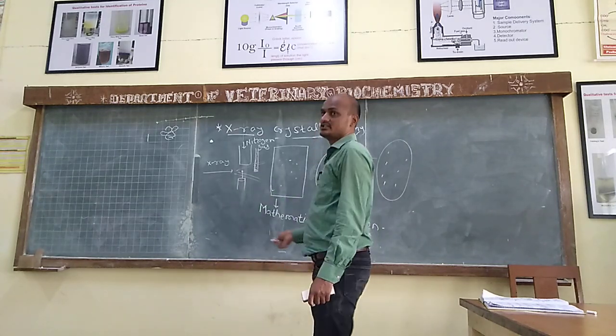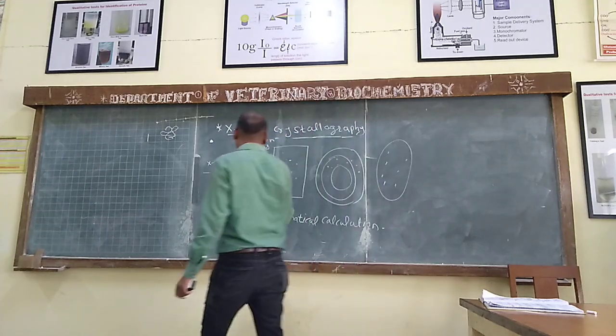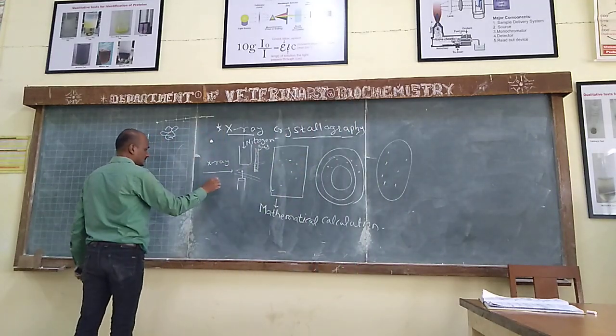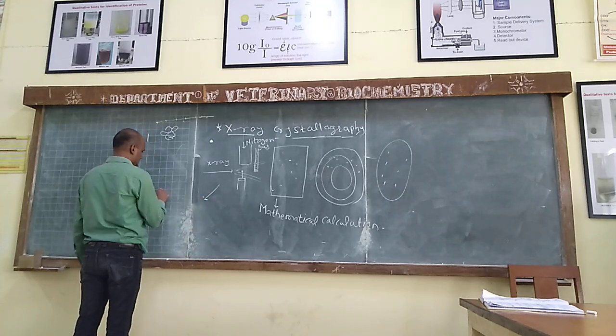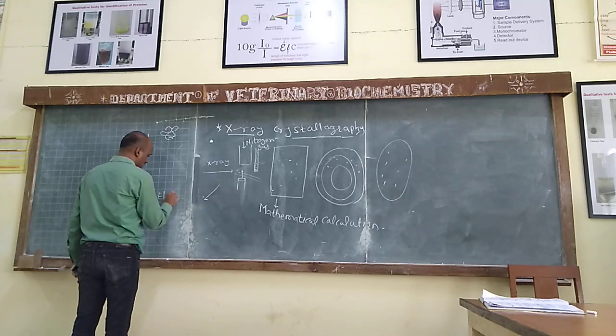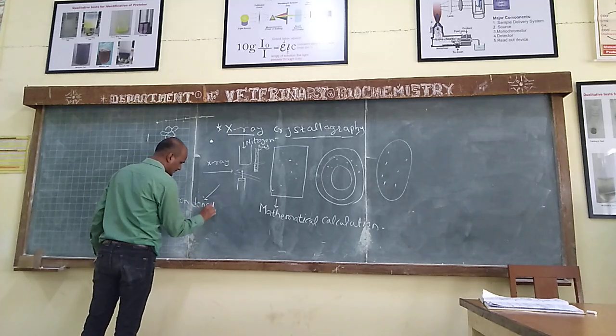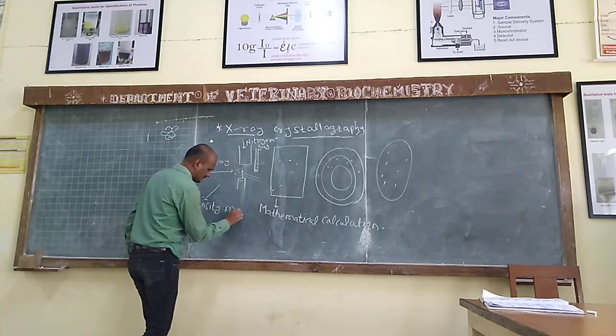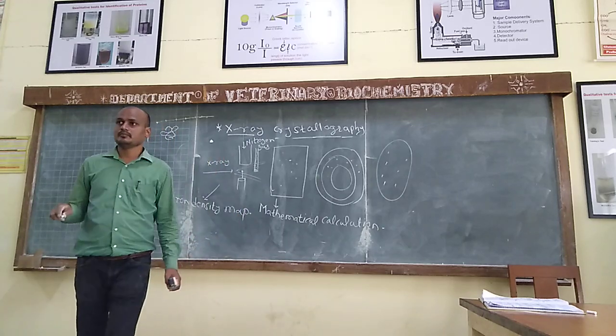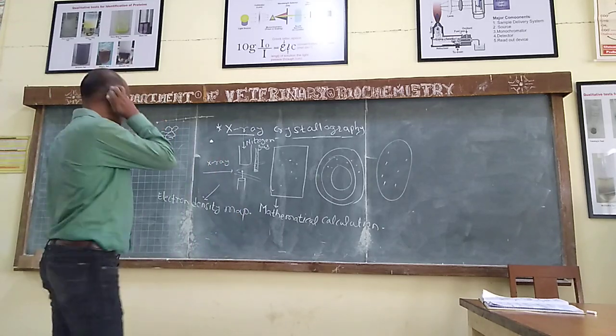We have the knowledge of mathematics, in which we put this into mathematical calculation, and from this we will get the electron density map.